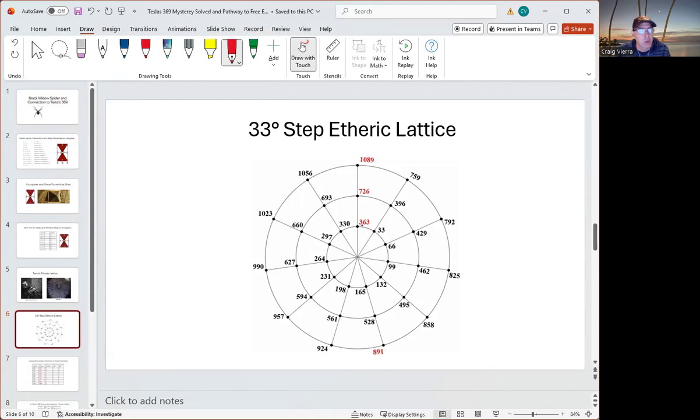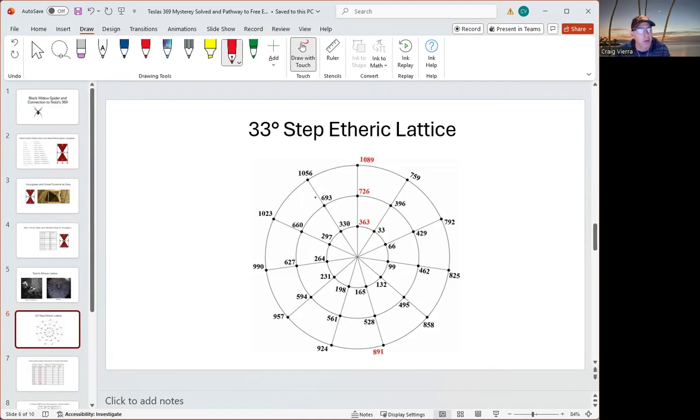Then you continue on. So this is 11 increments here. You go to the second concentric circle, and then you pick back up over here. So you add another 33 to 363, and you get 396, then you go to 429, 462, 495, 528, 561.